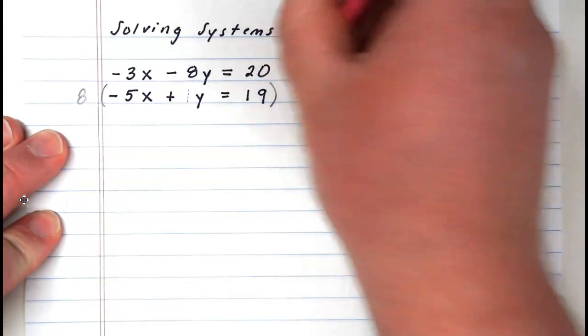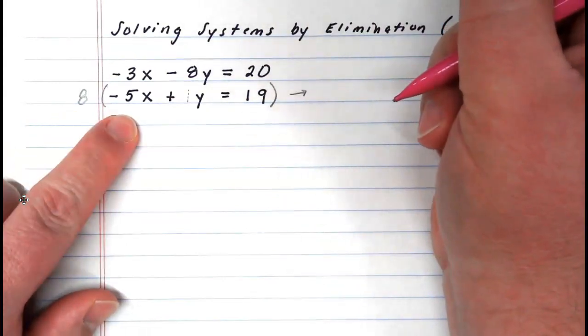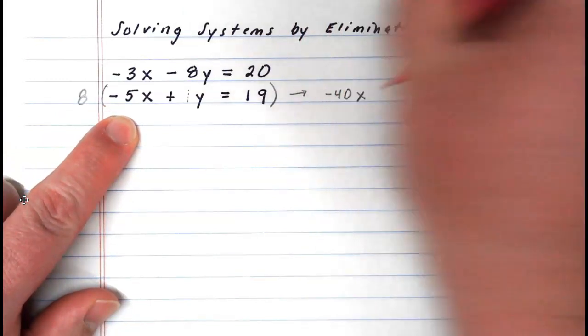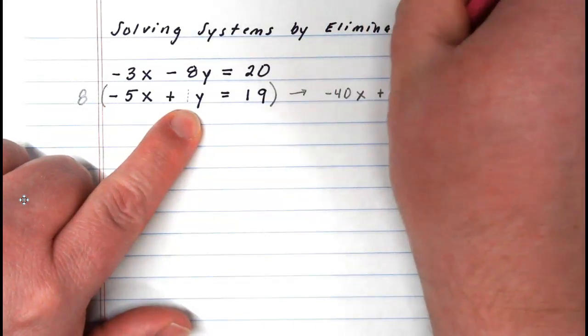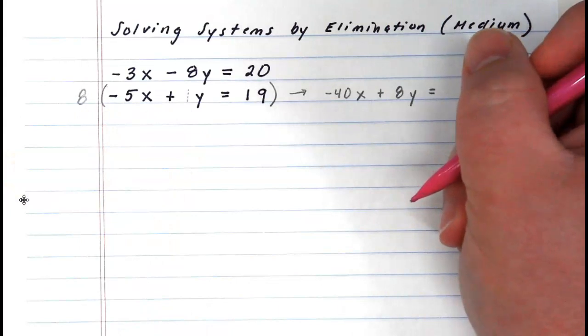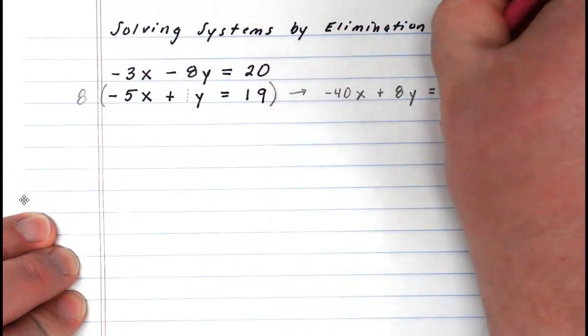So we're going to turn this equation into 8 times negative 5x, which is negative 40x, 8 times 1y, which is 8y, and 8 times 19, which is 152.